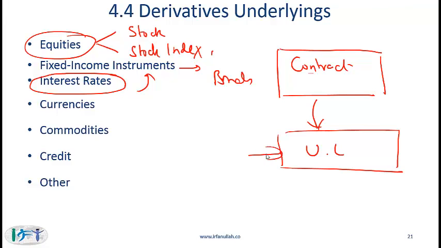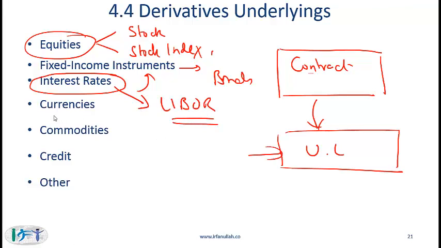You might recall early in our lecture, in the definition of a derivative, I used assets in parentheses because interest rates are one of the most popular underlyings, and interest rates are obviously not an asset. In the US dollar context, a commonly used interest rate is LIBOR.